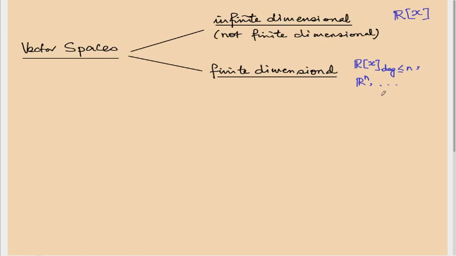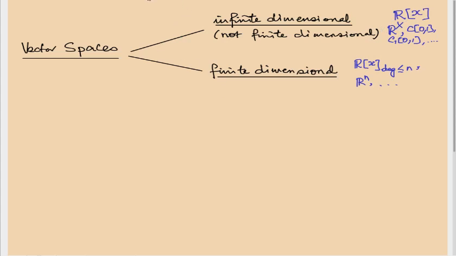We didn't prove it, but all the other vector spaces that we saw, like R^X, C[0,1], C^1[0,1], and so on, are all of this kind, all infinite dimensional. R^X, R to the power X, where X is any infinite set. Okay, they're all of this kind.